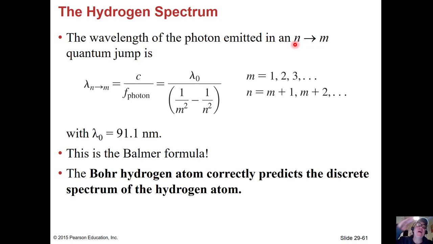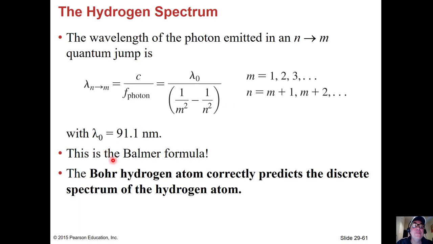So you're transitioning from a higher state to a lower state, from an n state to an m state. So the wavelength, when you do that, that's what this notation means. Wavelength going from n to m, speed of light divided by the frequency, turns out to be wavelength naught, that's what the 0 means, divided by 1 over m squared minus 1 over n squared. Okay. And that really turns out to be the Balmer formula that we saw before.